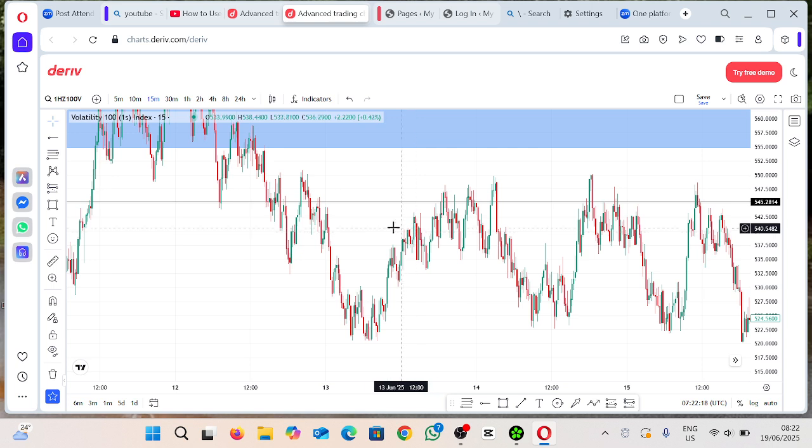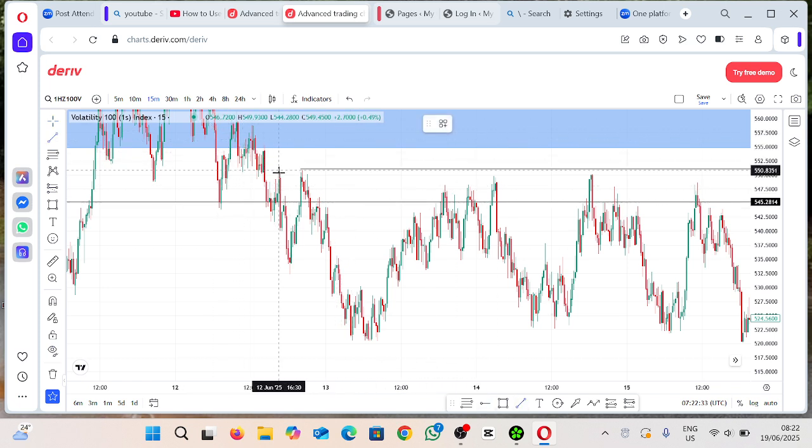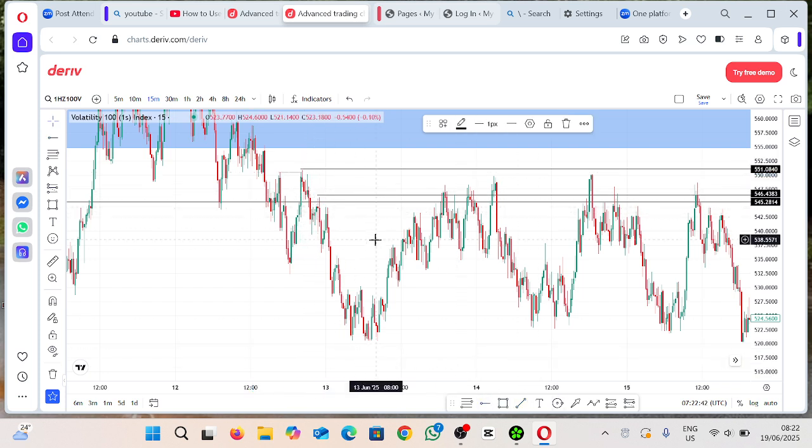You can see a sell structure at this point. We have our protected high here. We have our sweep of liquidity here. We have our structural liquidity at this point.